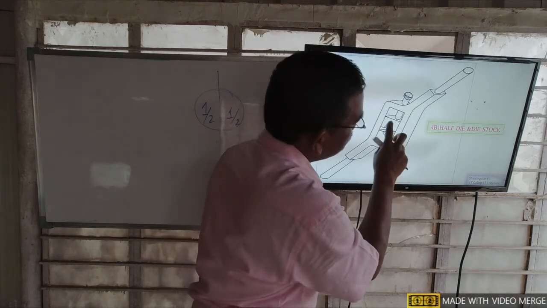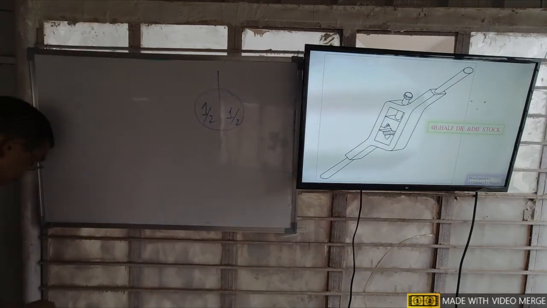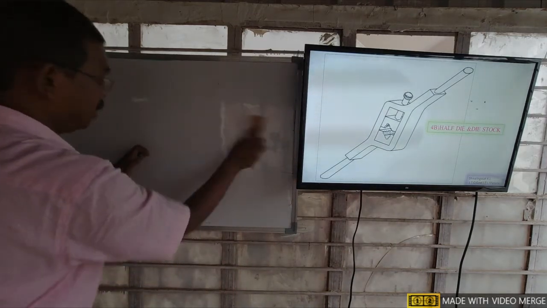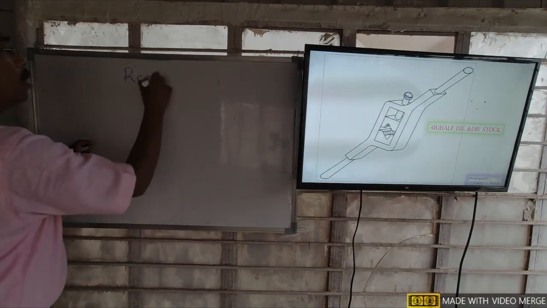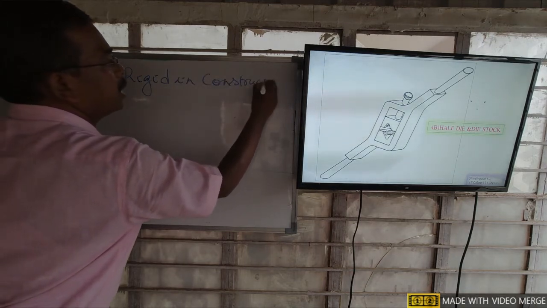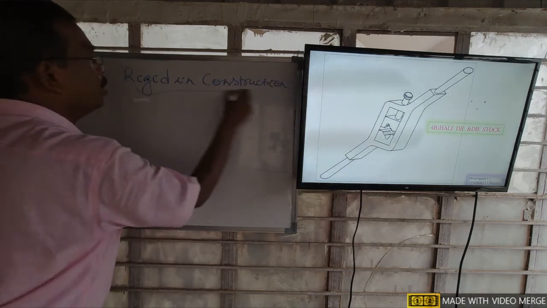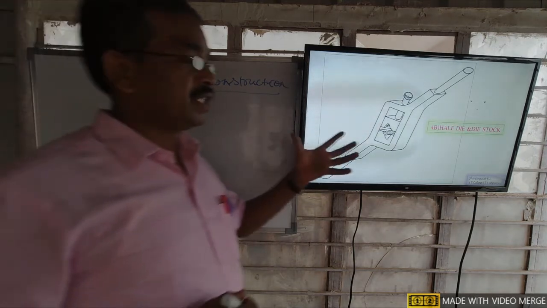See, this die is very rigid in construction when compared to the button die or split die. That means it is made very rigid.